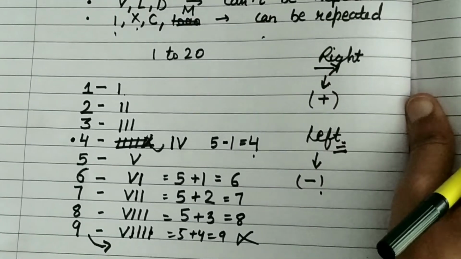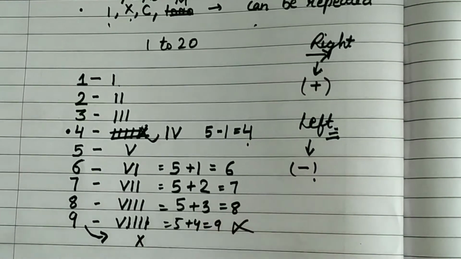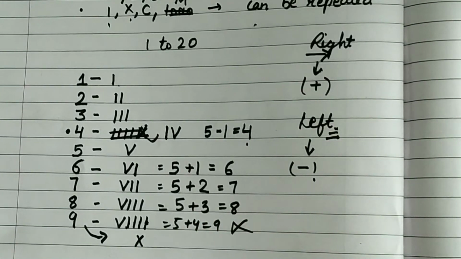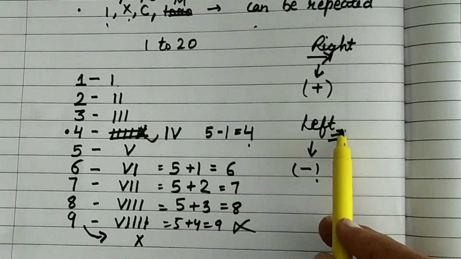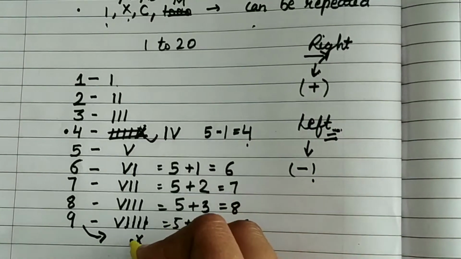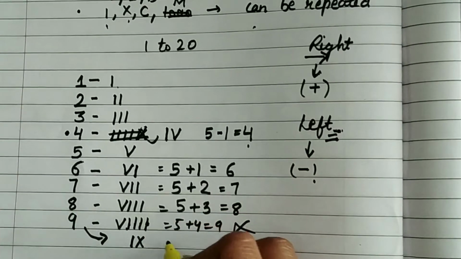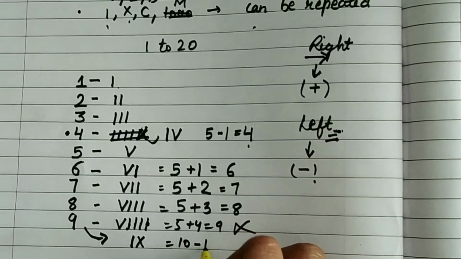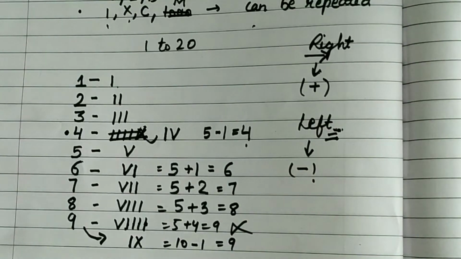So now see, I am writing here 10. Now I have to subtract 1. For subtraction, I have to write the symbol on the left, right? So I will write 1 to the left of X. That means I am subtracting 1 from 10. I will get 9. Fine.